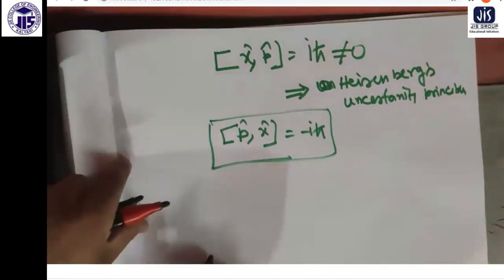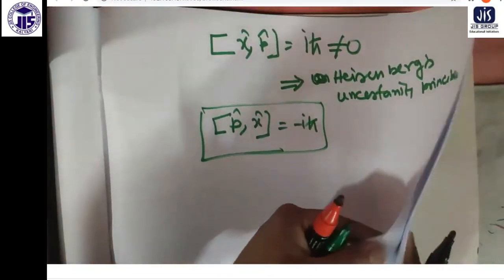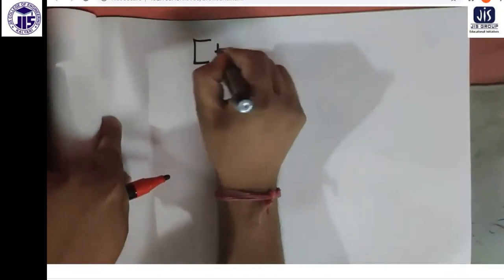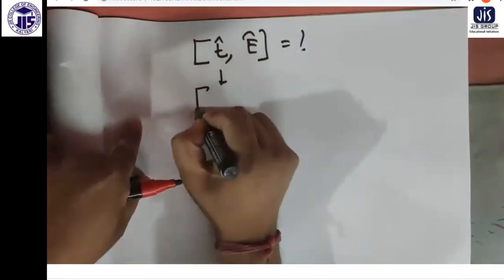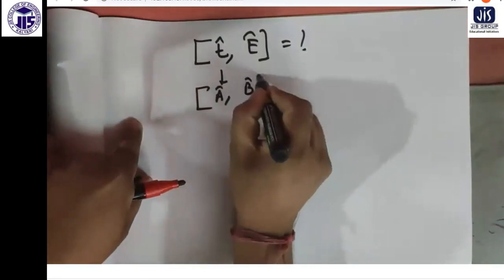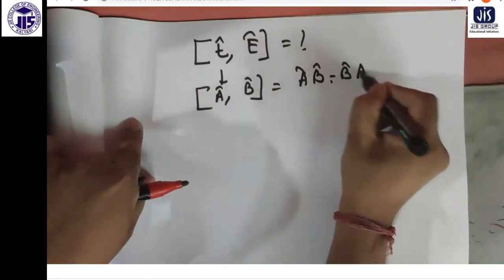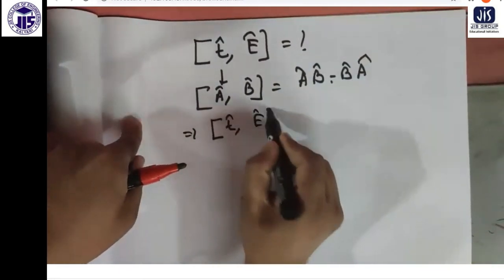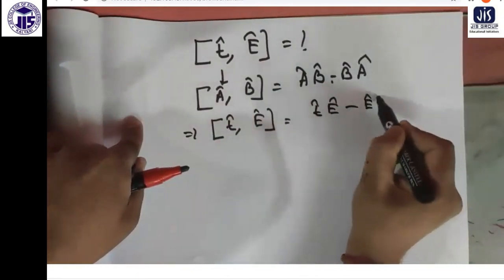A similar problem would be like this. Suppose I calculate the commutator bracket of two more operators. Say one of them is t, another is E. This is like A cap, this is like B cap, so it is like AB minus BA. If I follow the mathematics, it will be T cap E cap minus E cap T cap.